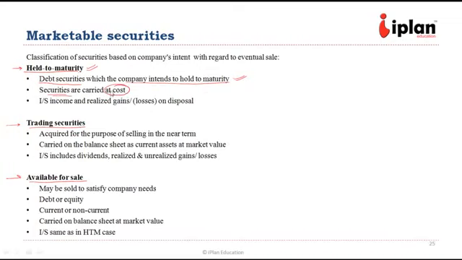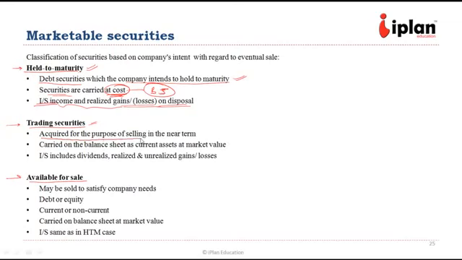Here the securities are carried at cost in the balance sheet. So we are not looking at the fair value of those instruments. We are just looking at the cost when we are putting them in the balance sheet. And in the income statement, all the realized gains or losses will be entered only at disposal. So unrealized gains will not be put in the income statement in this case.